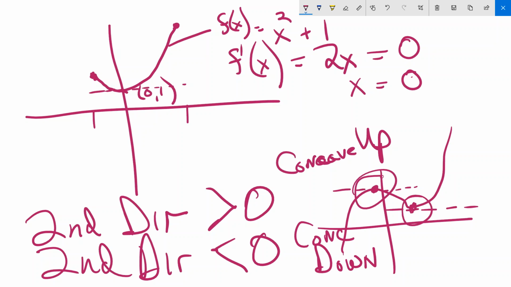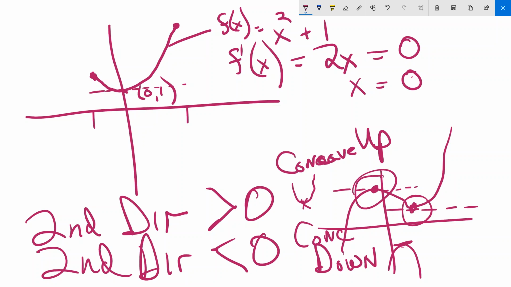The tricky part is that concavity up means a minimum, whereas concavity down means a maximum. Concavity up is like that, a minimum. Concavity down is like that, a maximum. So it's like telling which way it opens. Yes.